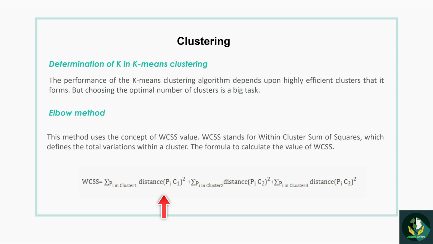Then we add to it the sum of the distances between each data point and its centroid, squared, all within cluster 2. And the same goes for the third term: the sum of the distance squared within cluster 3. Now, to measure the distance between the data points and the centroid, we can use any method such as the Euclidean distance or the Manhattan distance.